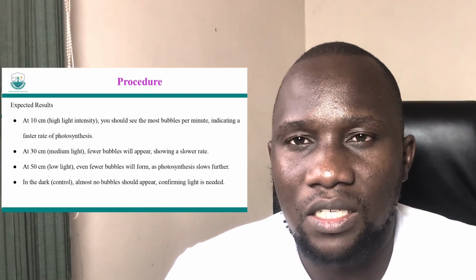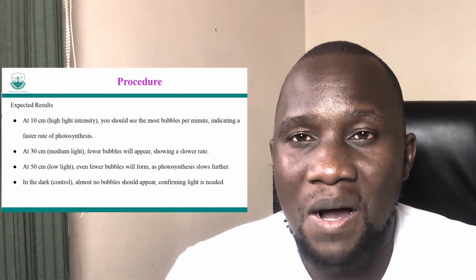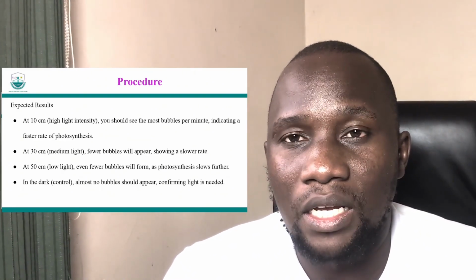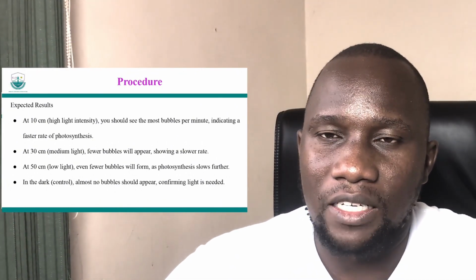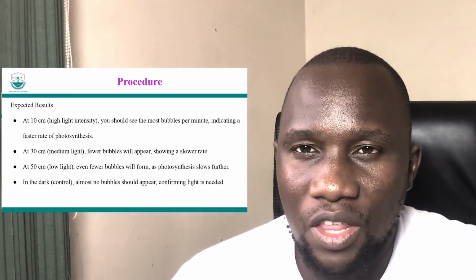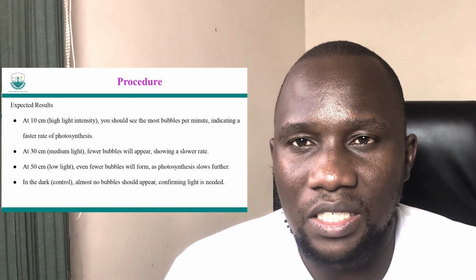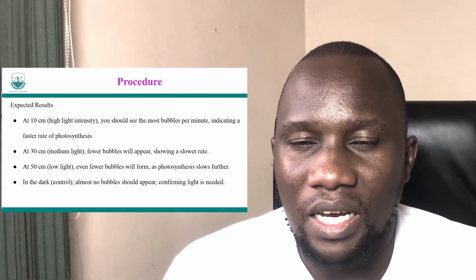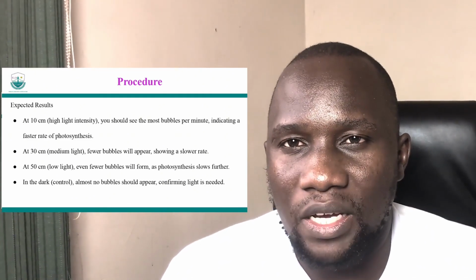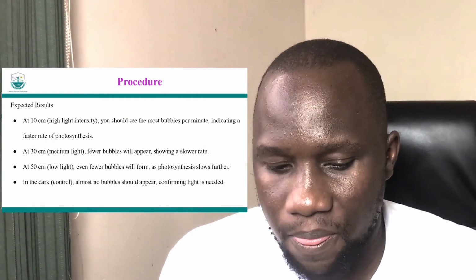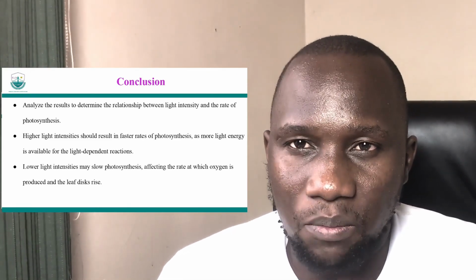You could expect that at shorter distances, you have more bubbles compared to when the lamp is at a distance. That means that when the light is far away, you have less photosynthesis happening compared to when the light is closer, because when the light is closer, you have more light intensity. That is what you could expect theoretically.